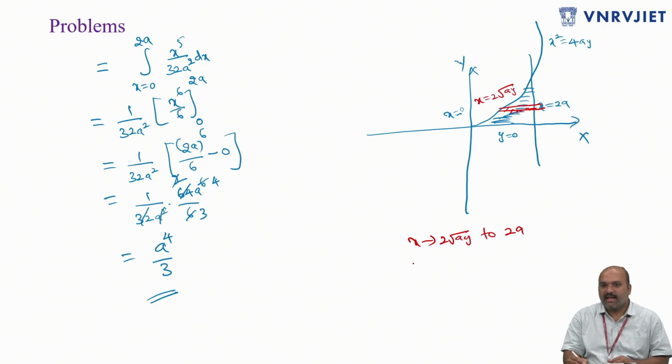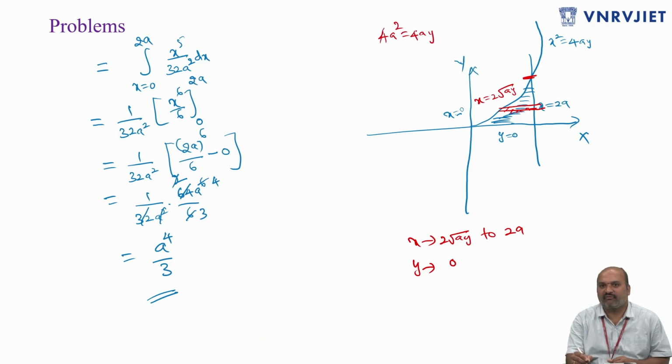So these are the x limits. And the y limits: y varies from 0 to the lower end. To cover this region, y has to vary from 0 to this point, of course. So first we have to determine this intersection point. How to determine the intersection point? This is the intersection point of this straight line and this parabola. So put x equals 2a here. If you put x equals 2a, it is 4a square equals 4ay.